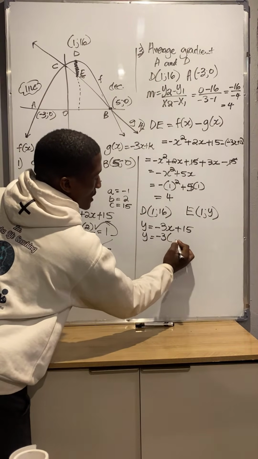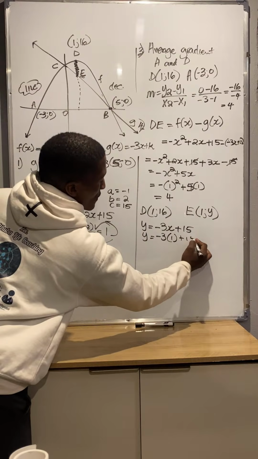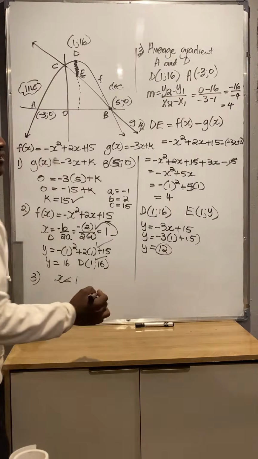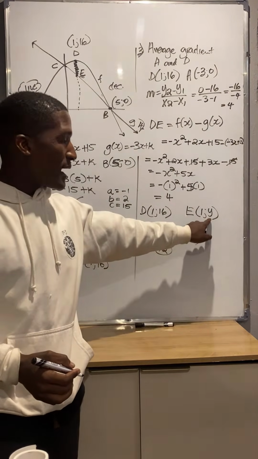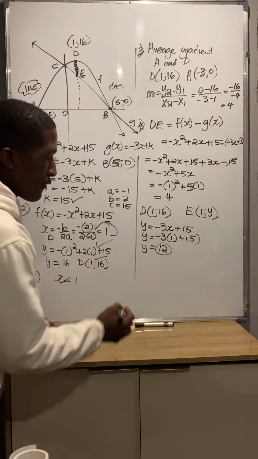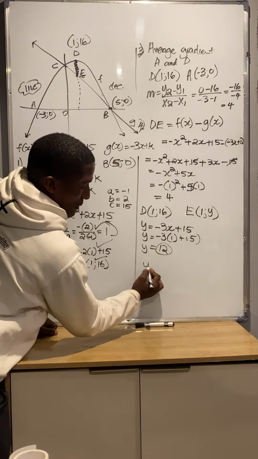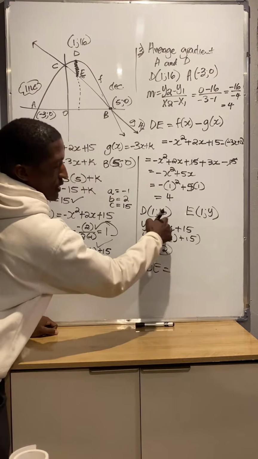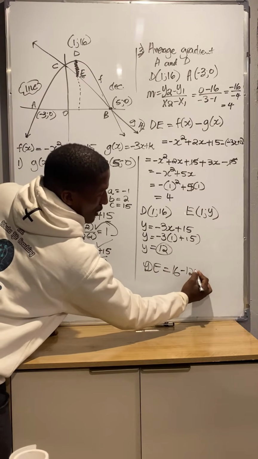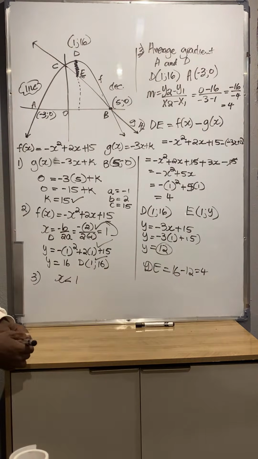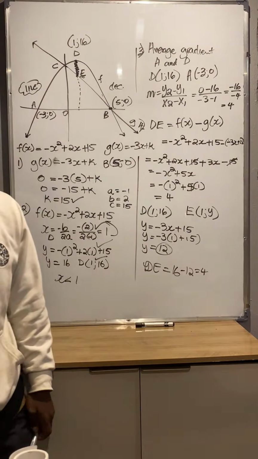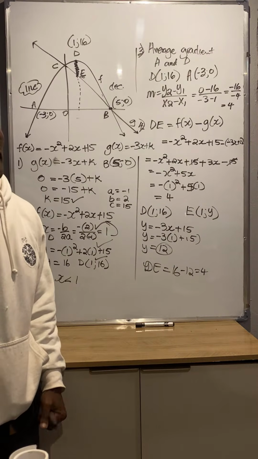It is negative 3 times 1 plus 15, and your answer is 12. The y of E needs to be 12 because the line is a straight line. Therefore DE is 16 minus 12, and your answer will be 4.